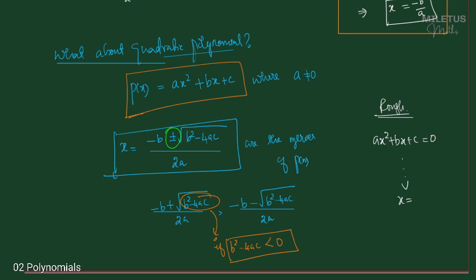If b square minus 4ac is less than 0, since we don't know how to compute it, we will say there are no zeros; otherwise we'll find the zeros. That's the idea.